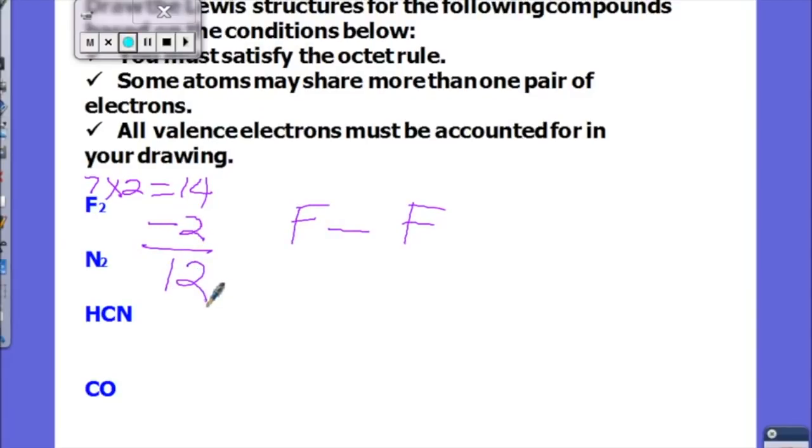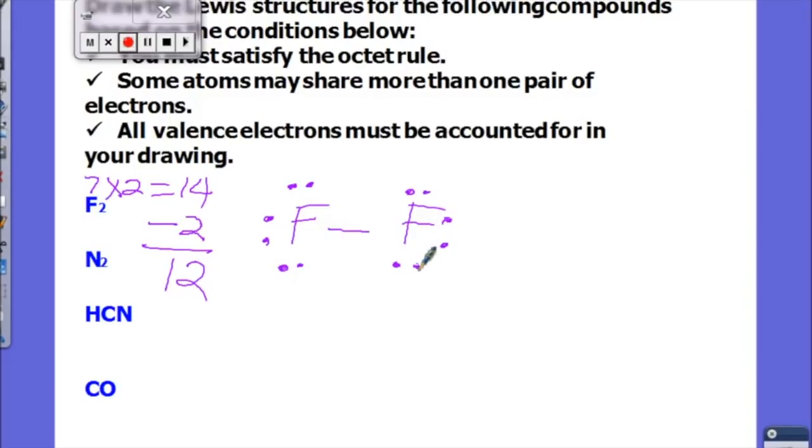Next step, I distribute them by pairs. I have 1 pair, 2, 4, 6, 8, 10, and 12. So I had 14, I placed 14, and each fluorine is stable with 8 electrons.